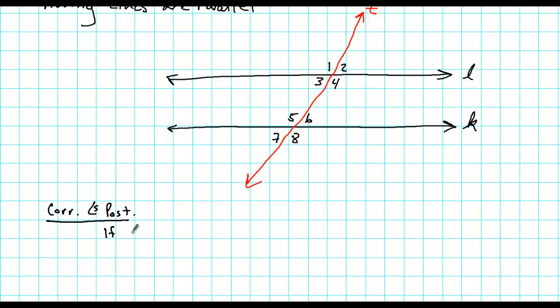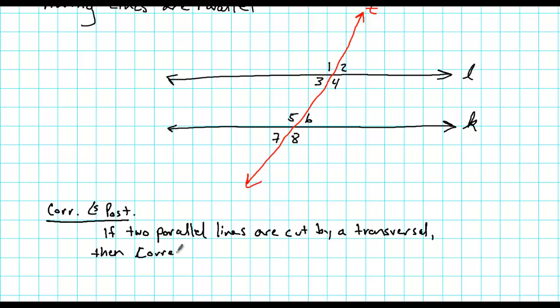It said if two parallel lines are cut by a transversal, then corresponding angles are congruent, right? That's what we wrote yesterday.